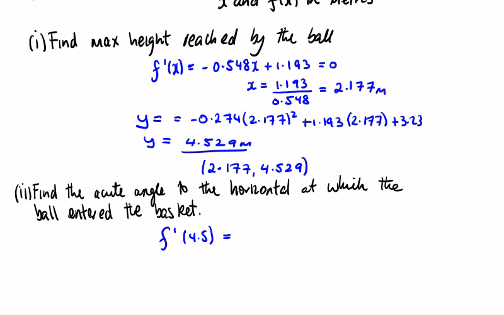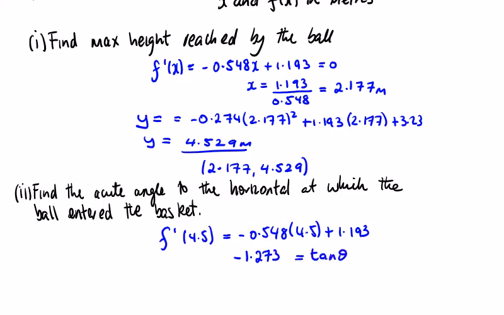Previously it was 0. Now it's minus 0.548 by 4.5 plus 1.193, and we type this into our calculator. We're going to get a value of minus 1.273, which would be equal to the tan of theta.